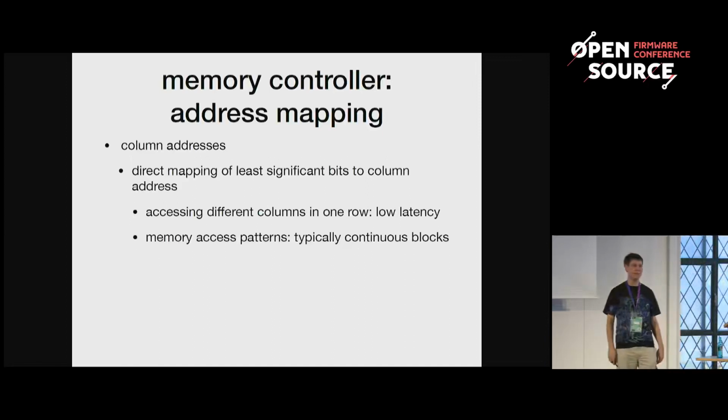And typically the lower bits of the memory address get directly mapped to the offset inside the column, because it's quite common that you read a continuous segment of memory. And also the latency of accessing different columns in one row is quite low, because you don't have to close the row and reopen another row.